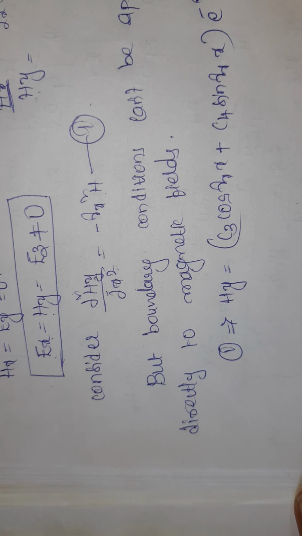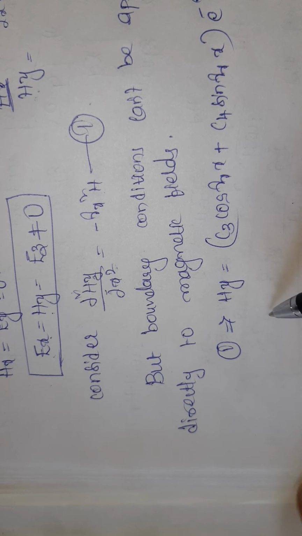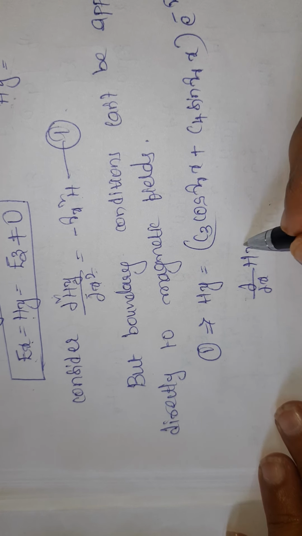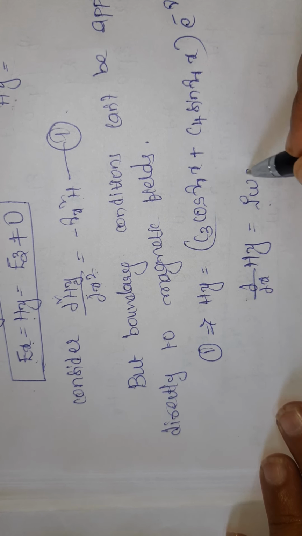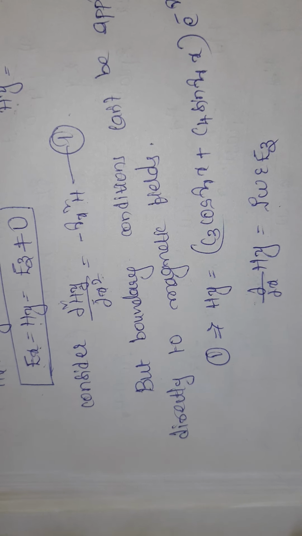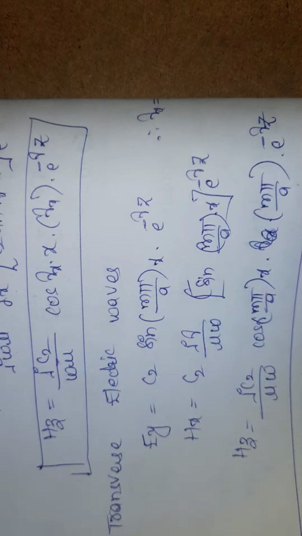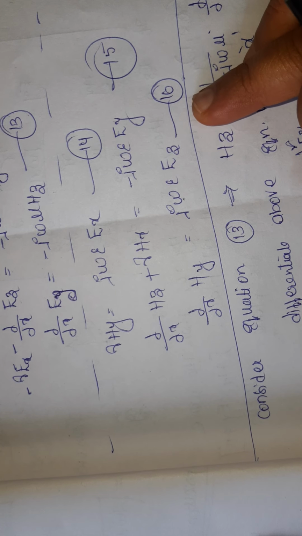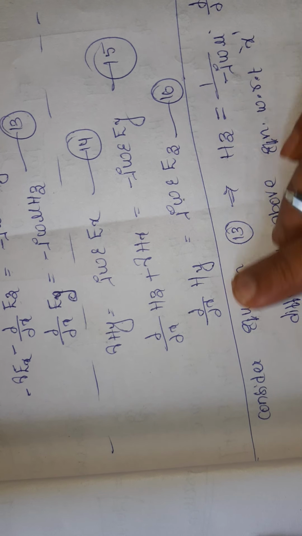Consider this as equation 2. Now one of the field equations is dou by dou x Hy is equal to j omega epsilon Ez. That is expression 16. Consider this expression 16.